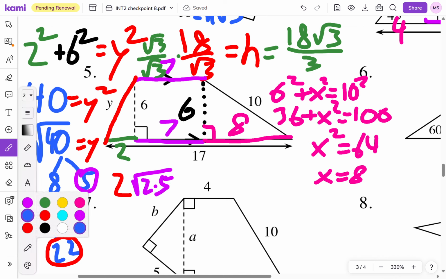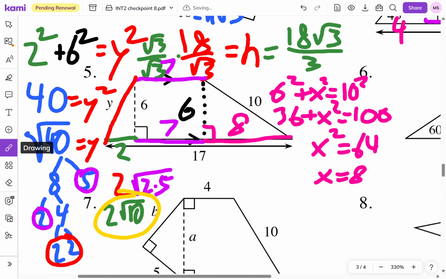And so the final answer is 2 root 10. How about that? Hopefully that was helpful to you. Let's see what else I have planned.